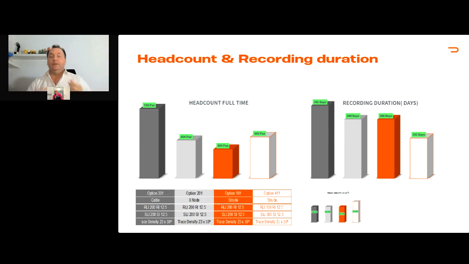You can derive from this slide that the head count being one of the main costs of your seismic onshore, multiplied by your recording duration, is what will drive the total cost of your project.